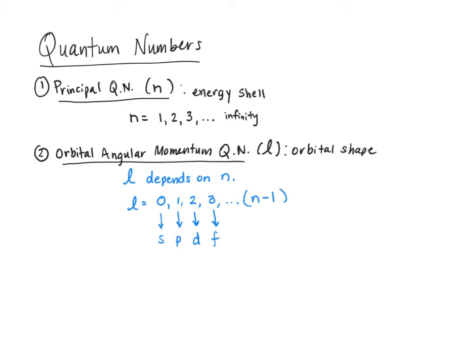These are the only orbital shapes that are verified to exist, although a hypothetically infinite number of orbital shapes could exist. And for orbitals beyond f, we just label in increasing alphabetical order, g, h, i, etc.